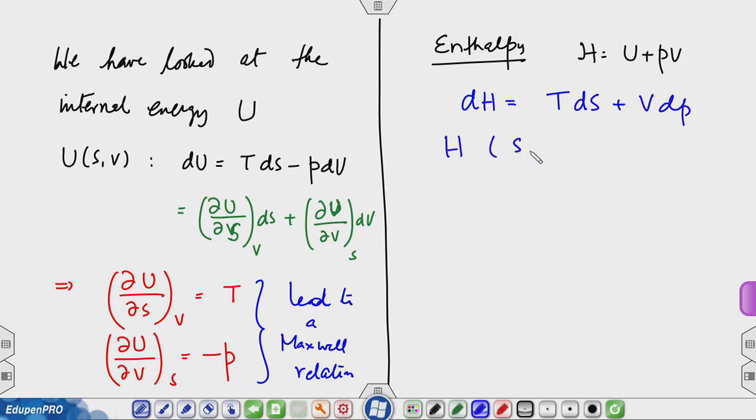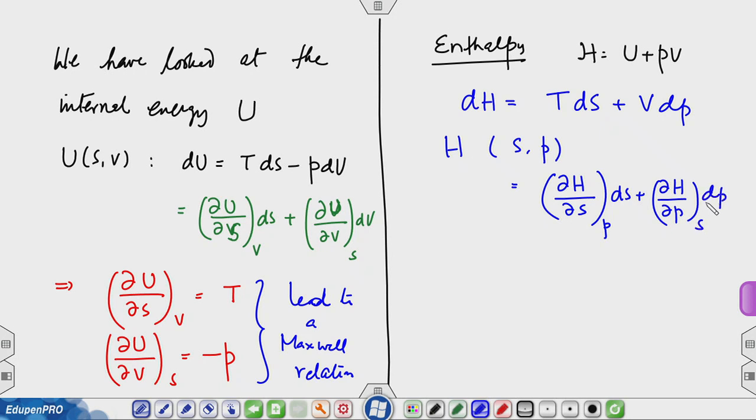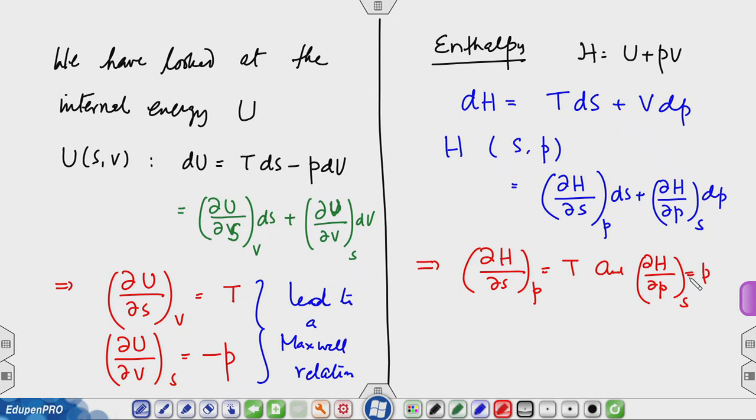So, H is a function of S and P. I can also write this as dH equal to partial H partial S at constant pressure times dS plus partial H partial P at constant entropy dP, and that gave partial H partial S at constant pressure to be equal to T and partial H partial P at constant entropy to be equal to V, and led to another Maxwell relation.